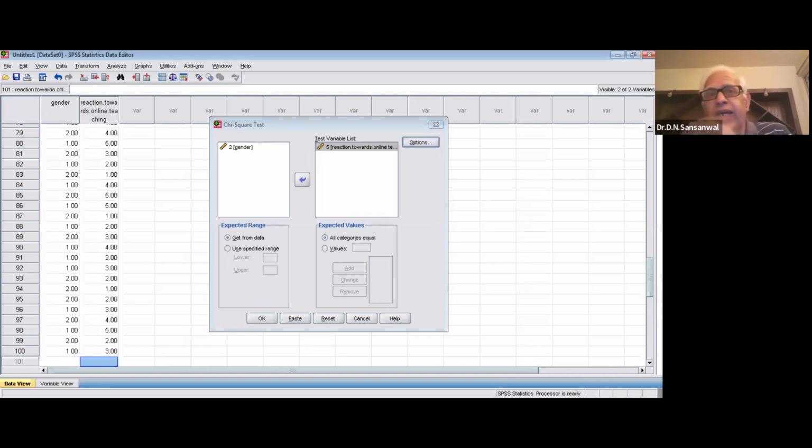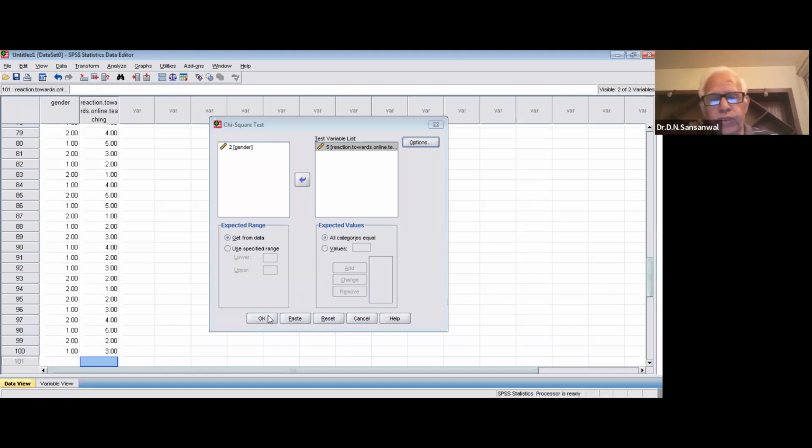And you can find out whether your observed frequency differs from the expected frequency or not. If you are interested in studying the difference between the observed frequency and expected frequency, then you can use this.